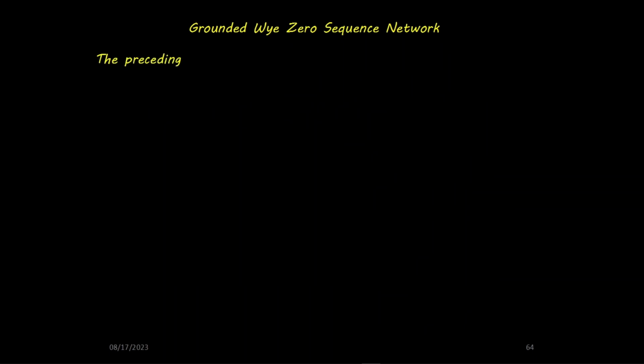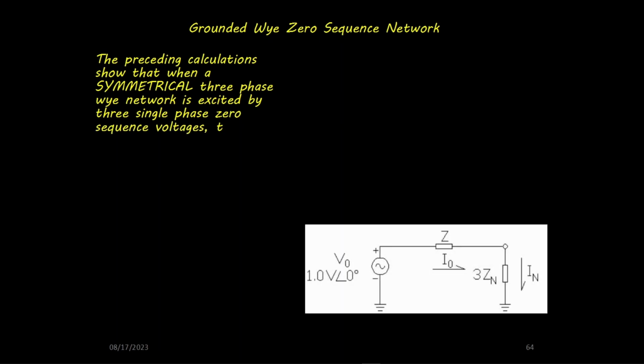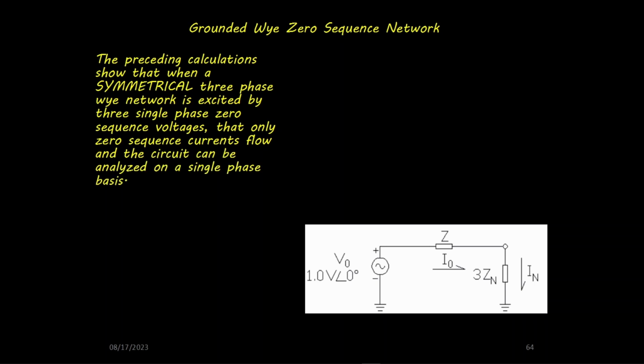The preceding calculations show that when a symmetrical three-phase Y network is excited by three single-phase zero-sequence voltages, only zero-sequence currents flow, and the circuit can be analyzed on a single-phase basis. The zero-sequence impedance is Z0 equals Z plus 3 Zn.